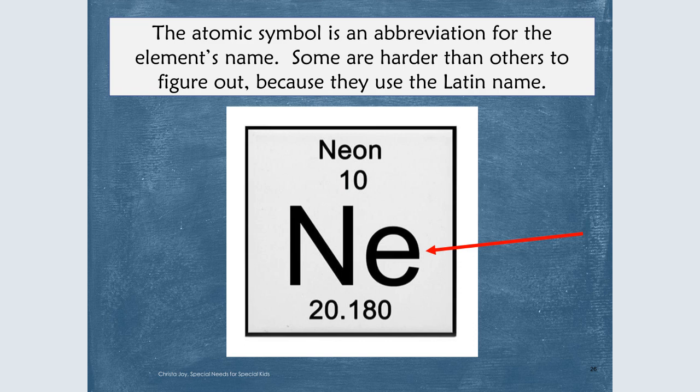This is the number of protons, 10. We're going to round this to 20. So 20 minus 10 protons equals 10 neutrons.